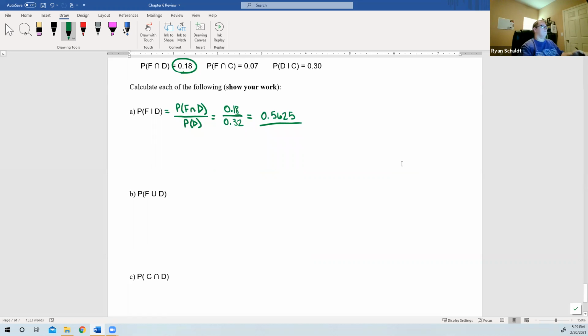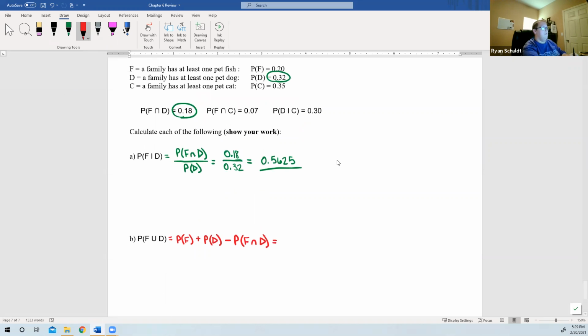Okay, next one. The probability of a fish or a dog. Well, we're going to have to use the addition rule here. We're going to have to do the probability of fish plus the probability of dog minus the probability of a fish and a dog. Okay, so let's see. What's the probability of a fish? It's going to be 0.2.